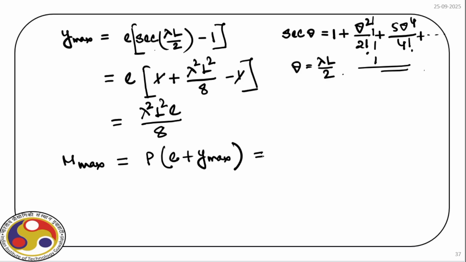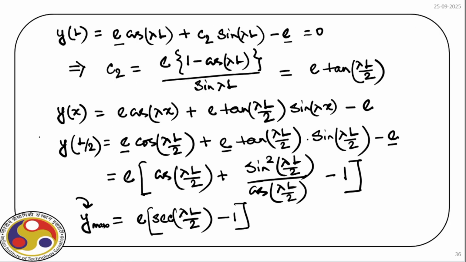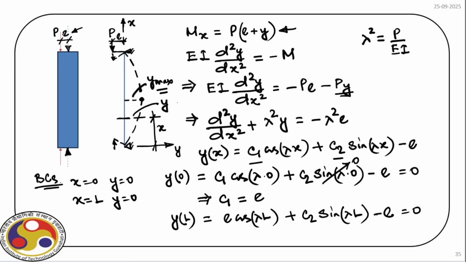So effectively what we have is P times E sec lambda L by 2. So what we get is the expression for maximum bending moment, and also we have derived the deformed shape of the column when it has an eccentricity between the applied load P and its centroidal axis, right?